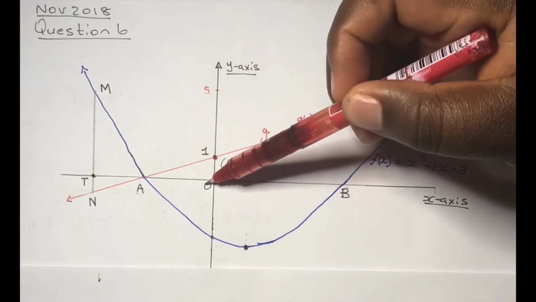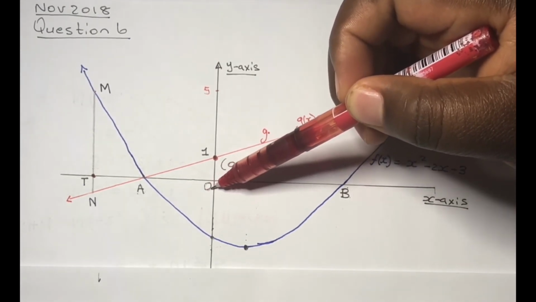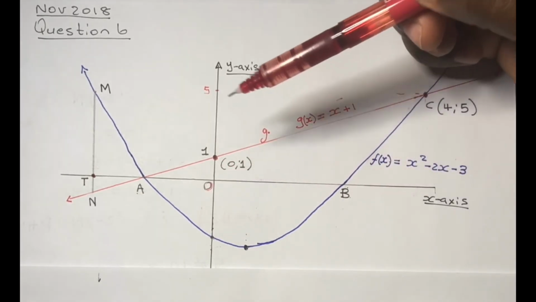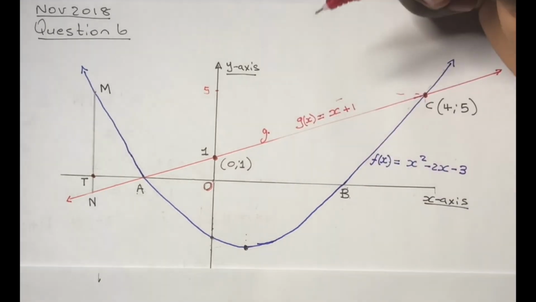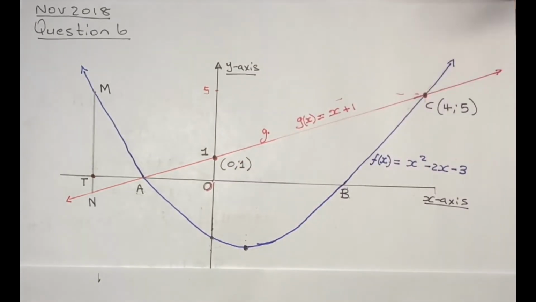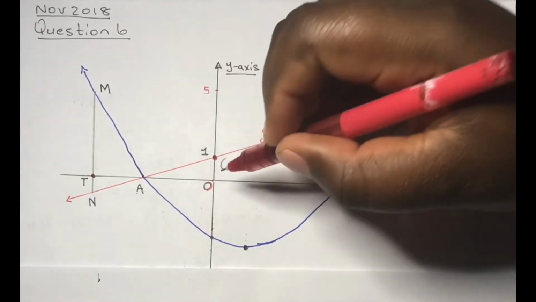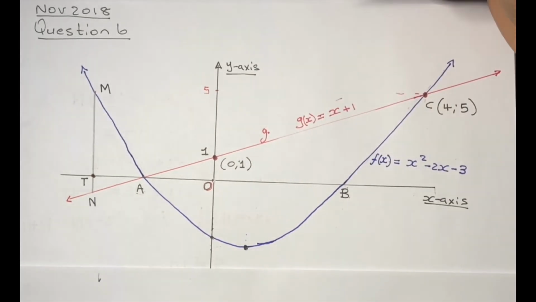The other thing to notice is that you've got your O there, which is your origin. It refers to that point where your y and x-axis intersect. It's normally referred to as the origin.